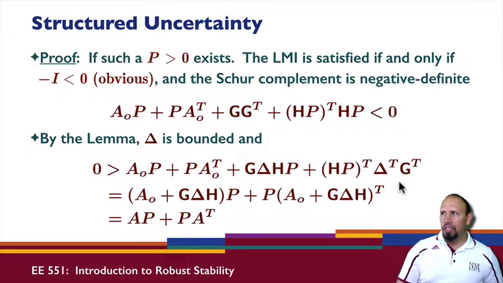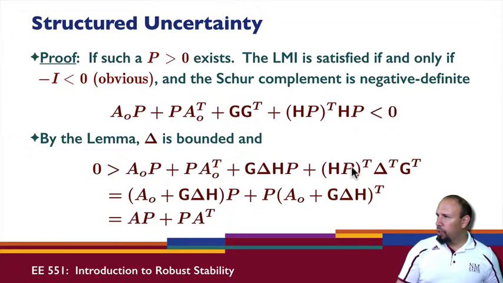Okay, so we've used the lemma, and we've used this inequality to give us this inequality. And we now have A naught and this that I can group together with P on the right and factor out the P. I have this and all of this.